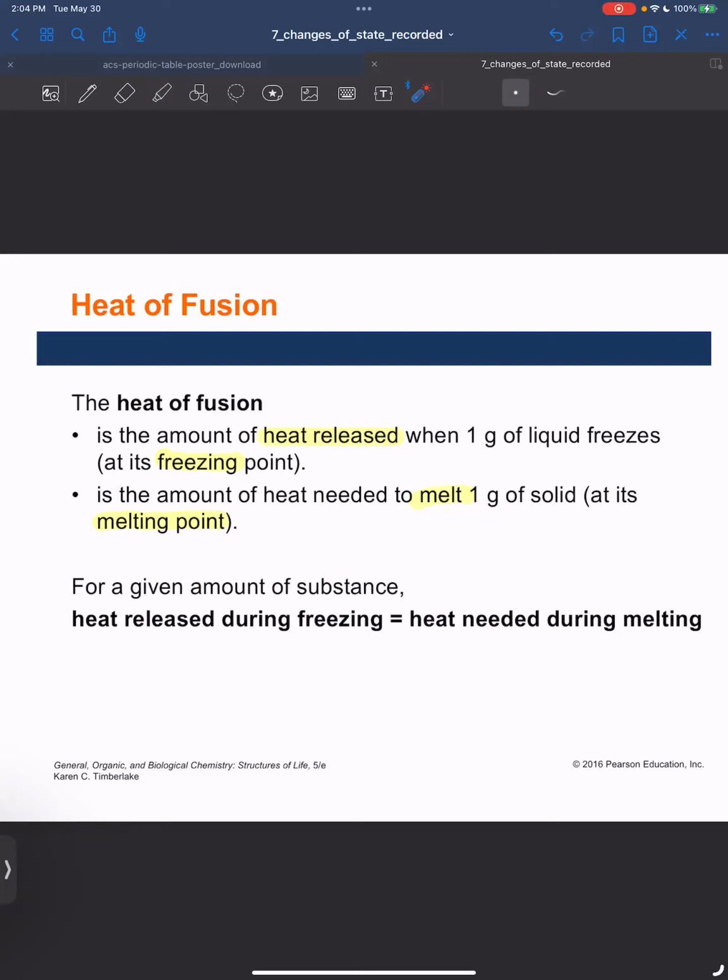And the abbreviation for heat of fusion is delta H, with FUS as the subscript. So heat of fusion, that's a symbol that you will find.